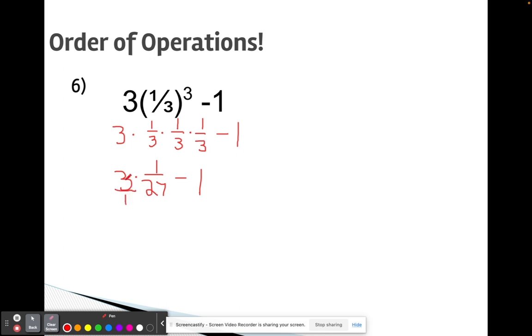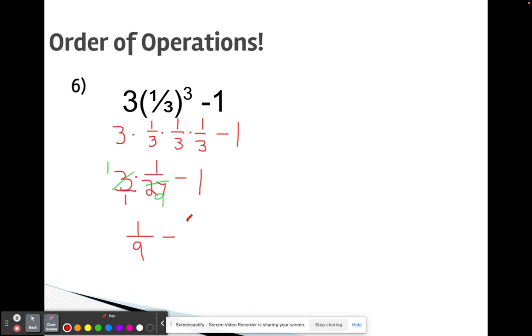I should rewrite it so that they're at the same level, but you see what I mean. Simplify before you multiply. I can simplify this 3 with this 27. Now I can multiply. 1 times 1 is 1. 1 times 9 is 9.